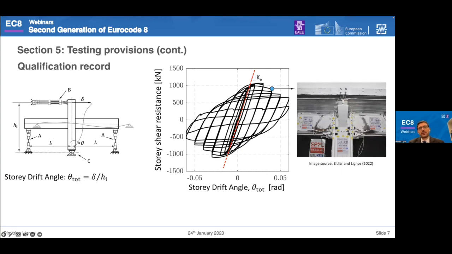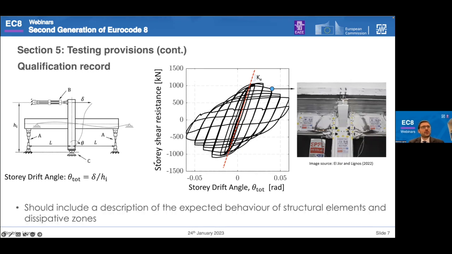This is an example on steel elements that essentially formulate a plastic hinge near the joint. So here, essentially, we should include a description of the expected behavior of structural elements as well as the dissipative zones of the actual subassembly.